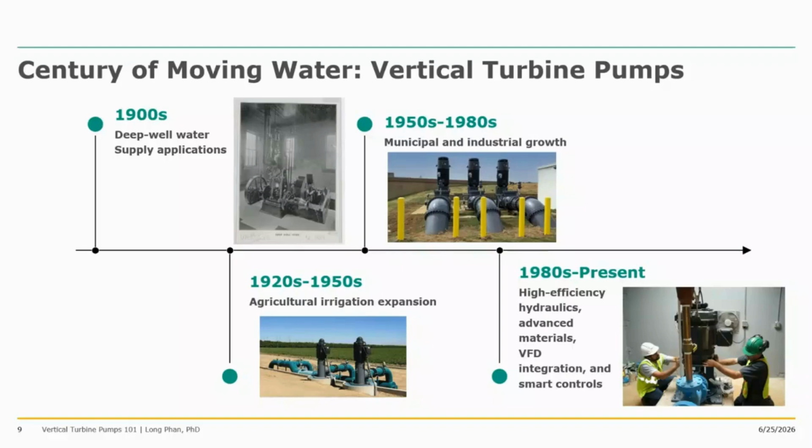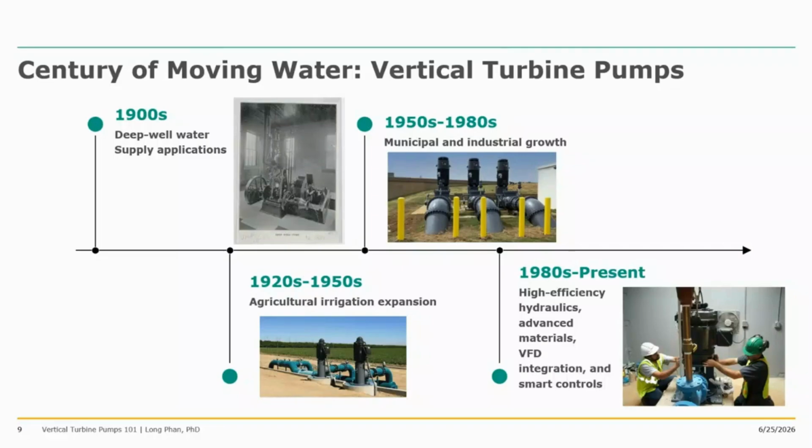From the 1980s to the present day, vertical turbine pumps are built on the same basic hydraulic principle that has lasted over a century, but with significant advances in efficiency, materials, and controls.